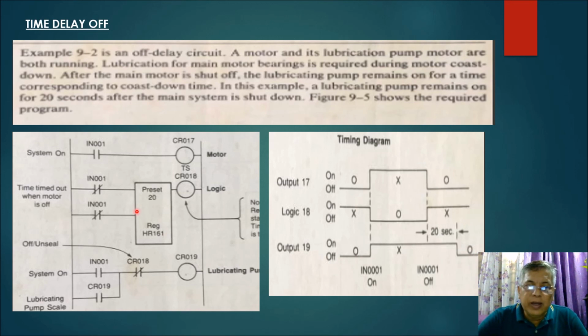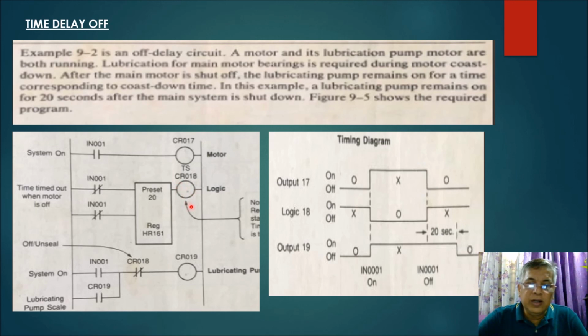At the same time, since you released and opened input 001, it goes back to its normally closed condition. That's the time your timer will start counting the time, which is 20 seconds as our preset condition.